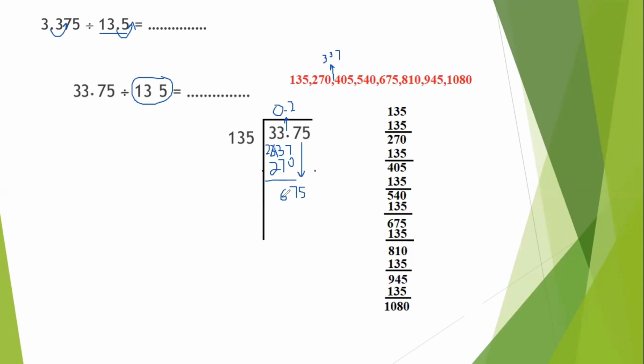And repeat. 675. When can I find 675? It's already a multiple of 135, so I will count it. 1, 2, 3, 4, 5. So put here 5. 5 times 135 equals 675. Subtract, 0.